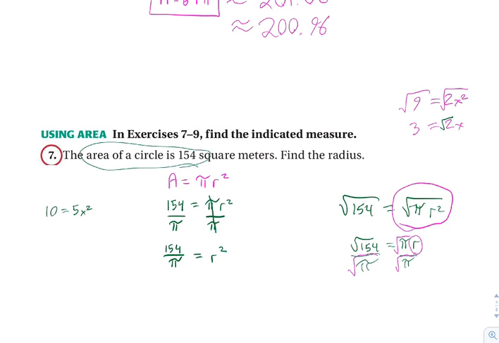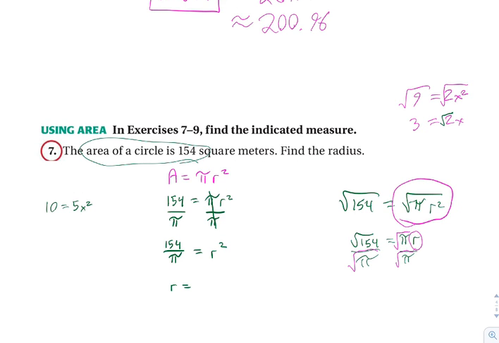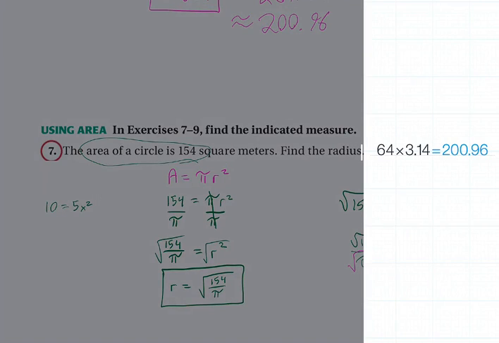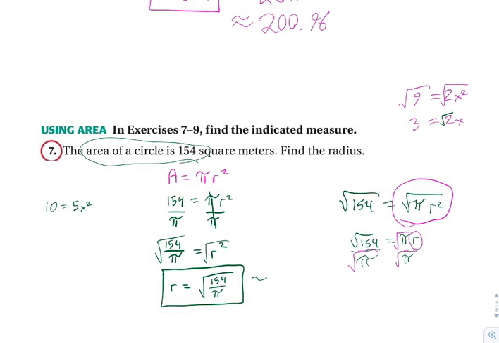Now if we want to know what the radius is, we just take the square root of both sides. We get the radius is the square root of 154 over pi. Now, that is the exact answer. Or you could go over to a calculator and say the square root of 154 divided by pi. And that's around 7.00 to the nearest hundredth.